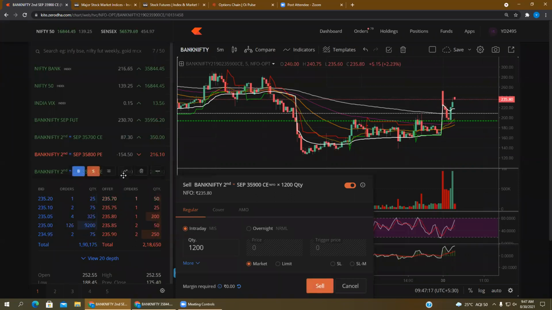Yeah, reversing from 240. 225 is my stop loss on this.